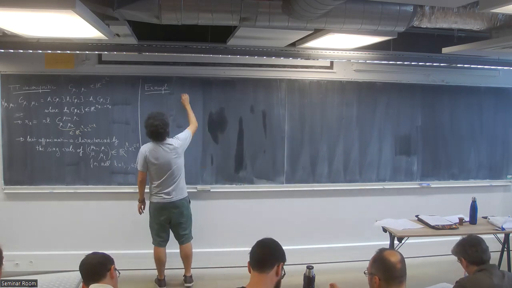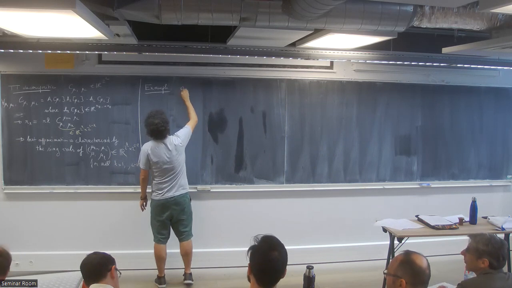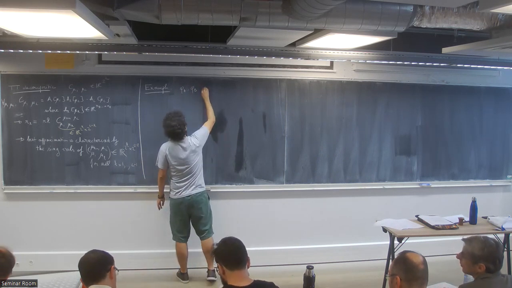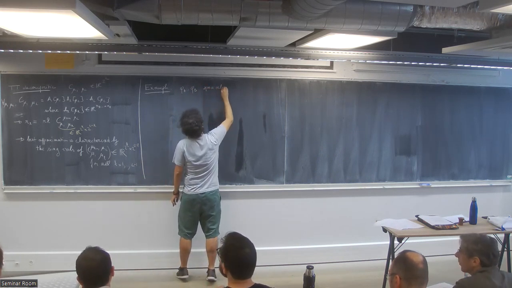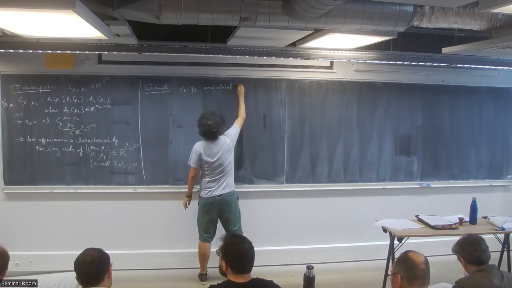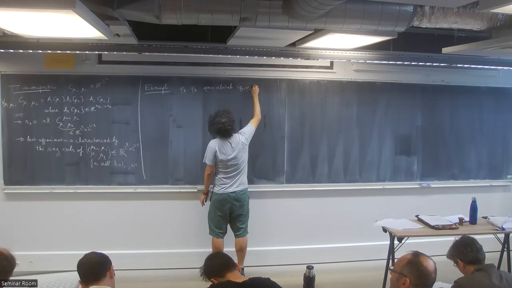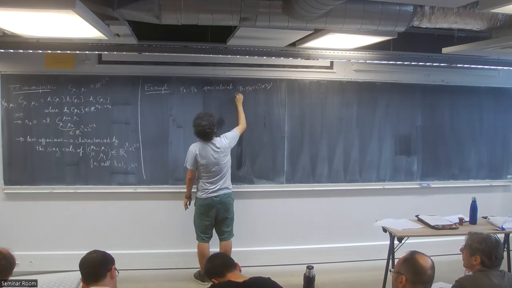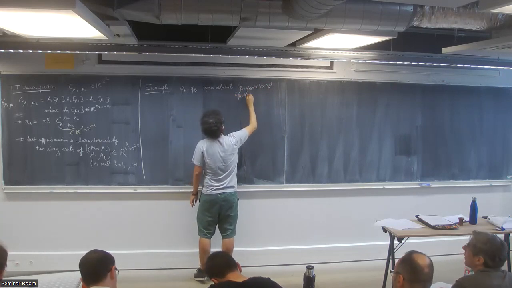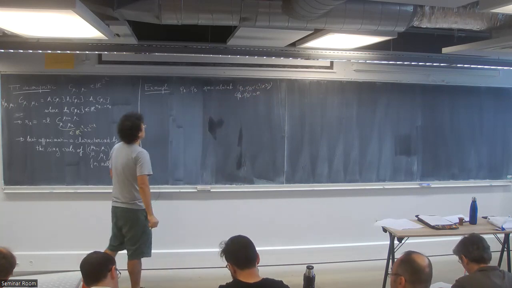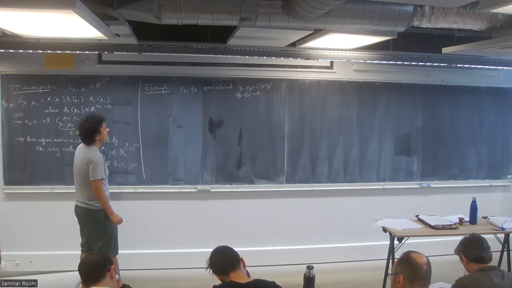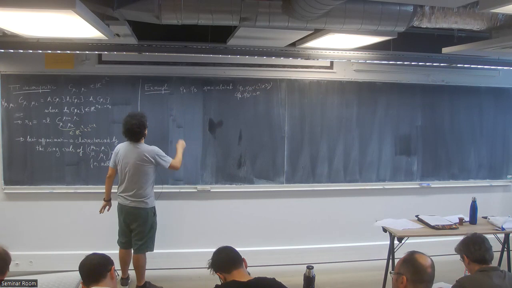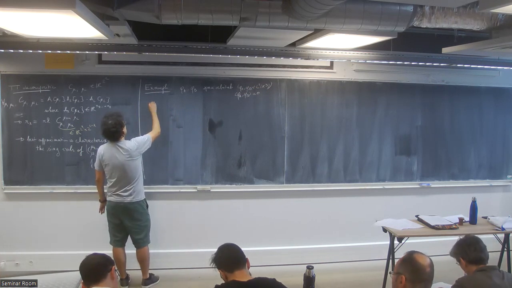I'll consider two space orbitals, phi A and phi B. So these are space orbitals, namely they are some L2 functions of R3, and I will assume that they are orthogonal and normalized. So you can think of phi A and phi B being the anti-bonding and the bonding orbital of an H2 molecule, for example.